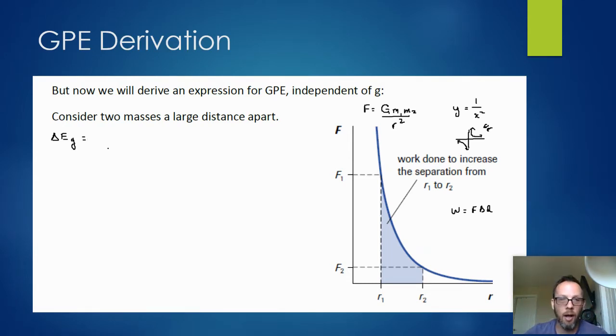And that work is given by the area under our F-r curve. For those people who have taken calculus, I will show you how to do that in a minute or two.